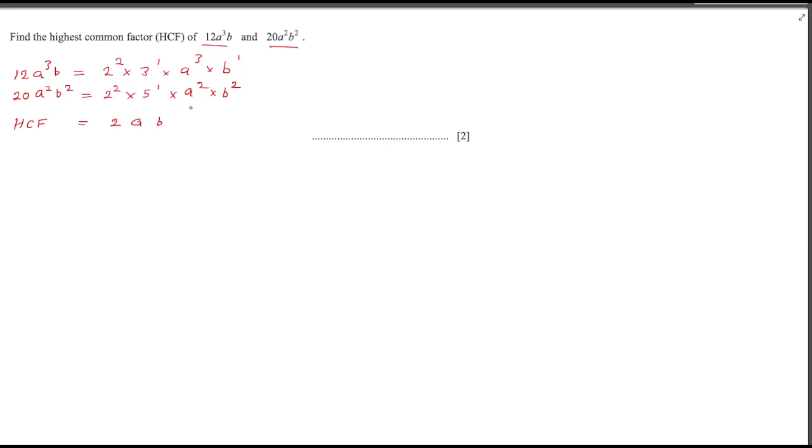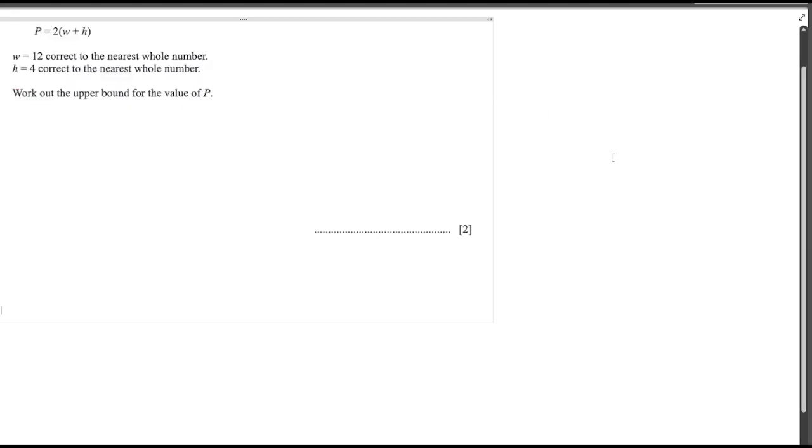Then I should look for their least power. For 2, the power is 2, which is common in both. For a, it is a square, and for b, it is b power 1. So I will say that 4 times a square b is my HCF.